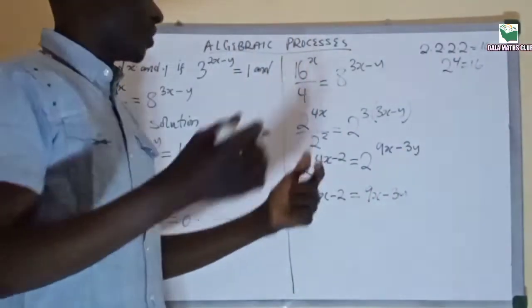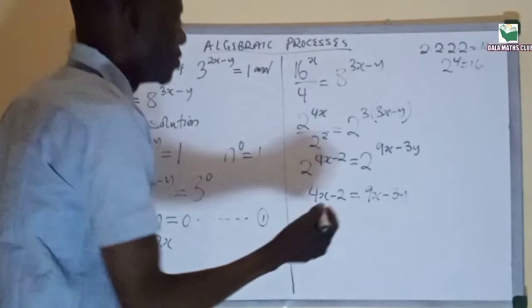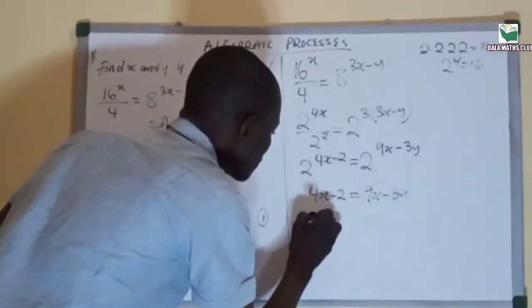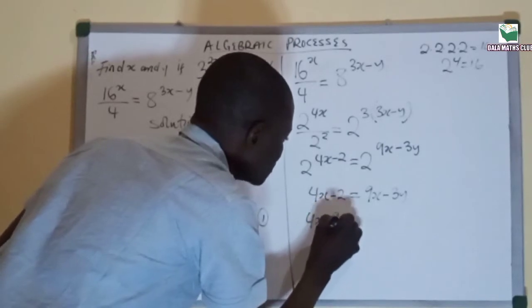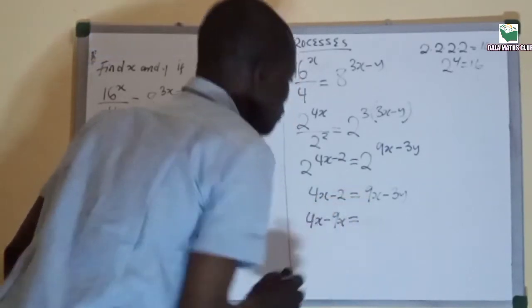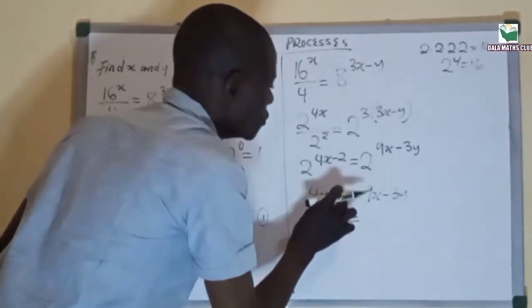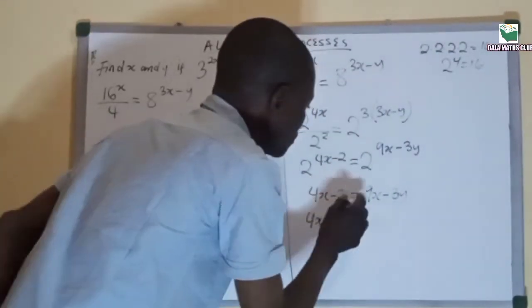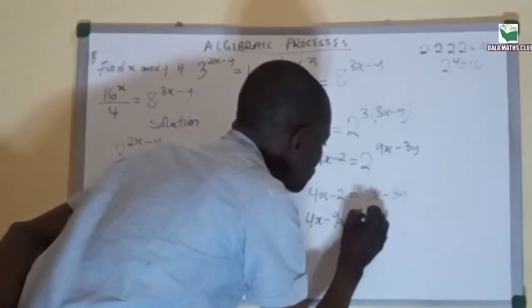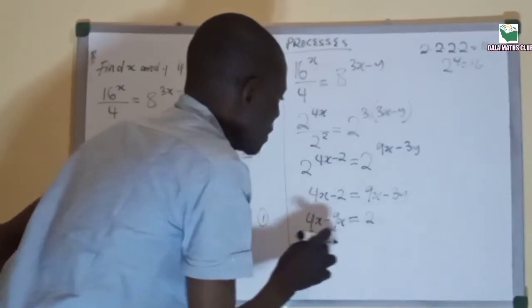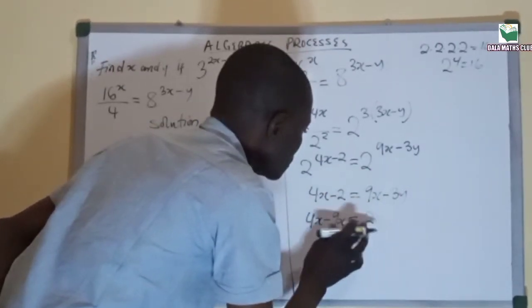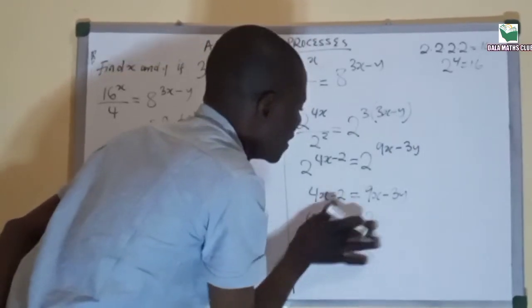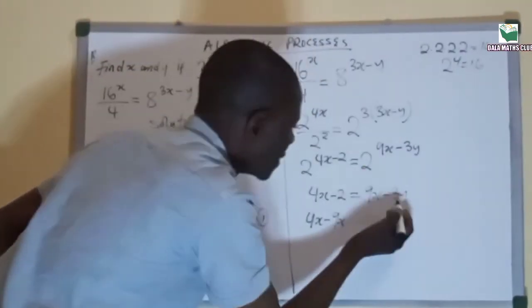We rearrange the equation by collecting the like terms. So here we have 4x minus 9x is equal to, these two should go to the other side of the equal sign and will become 2, and then this y, okay, let us transfer this y before we transfer the 2.